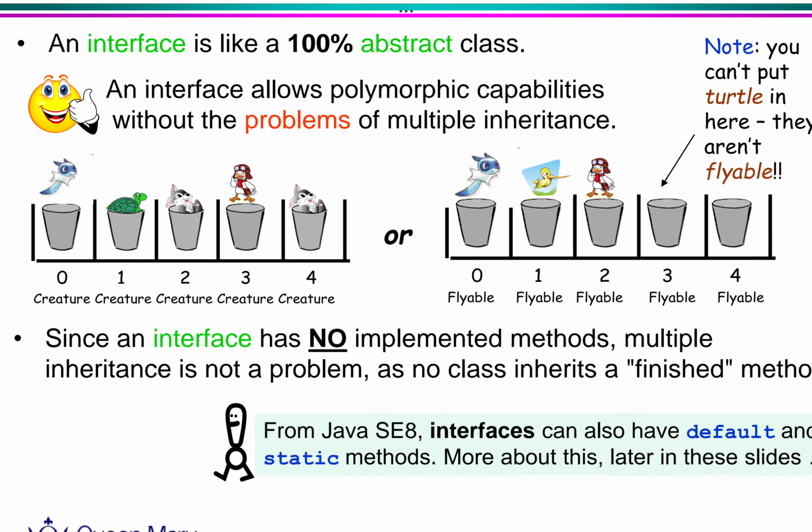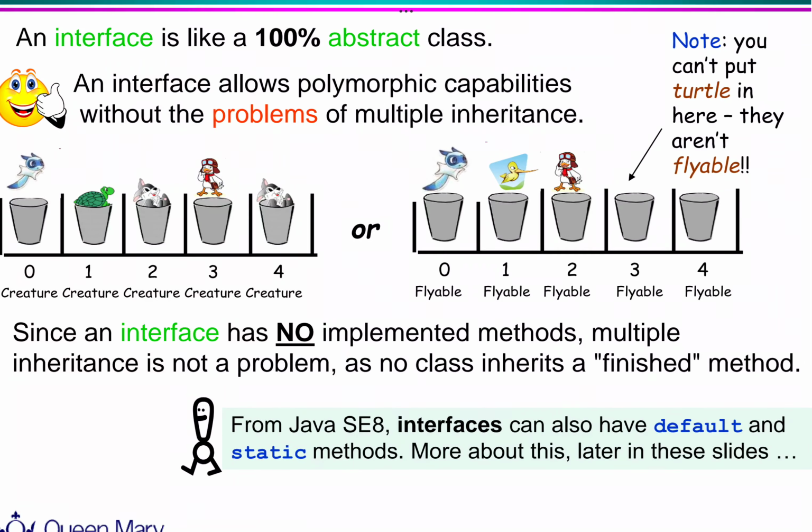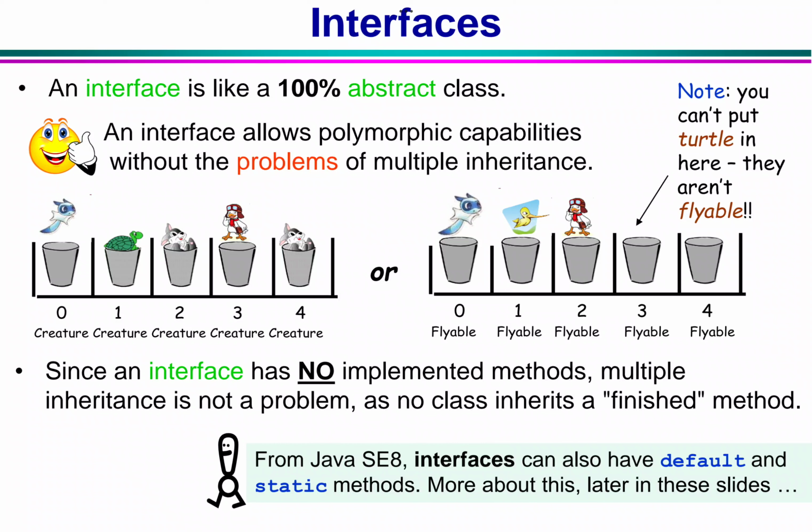Please note a creature, some creatures, and some flyable. Since the interface has no implemented method, multiple inheritance is not a problem as no class inherits a finished method.